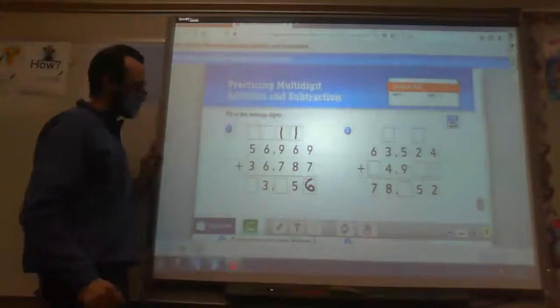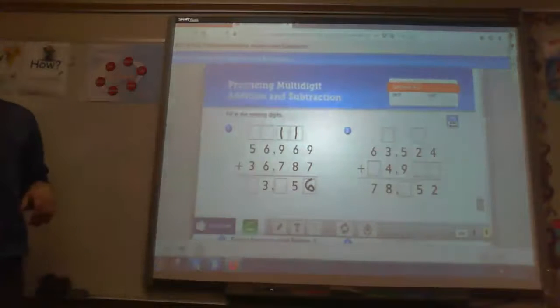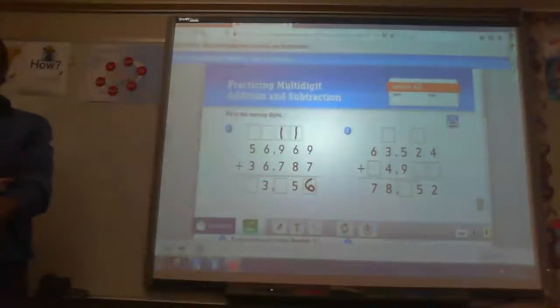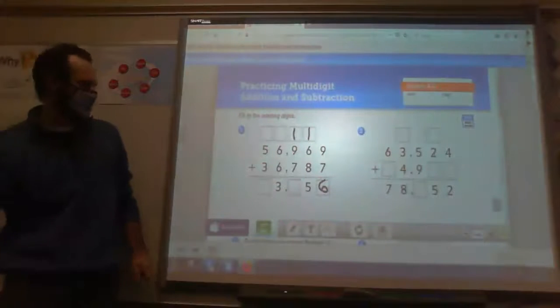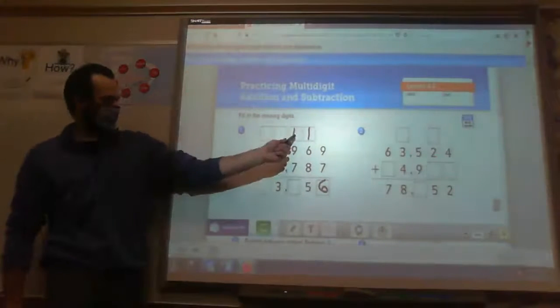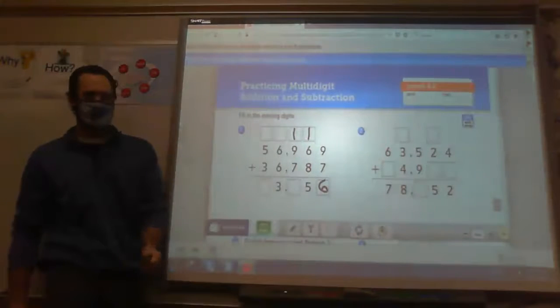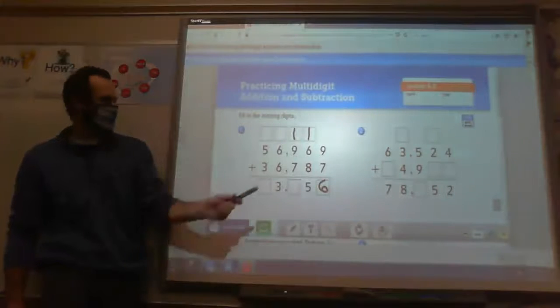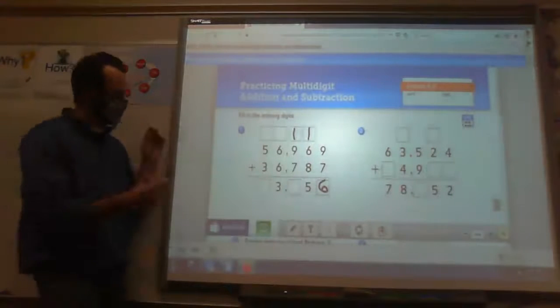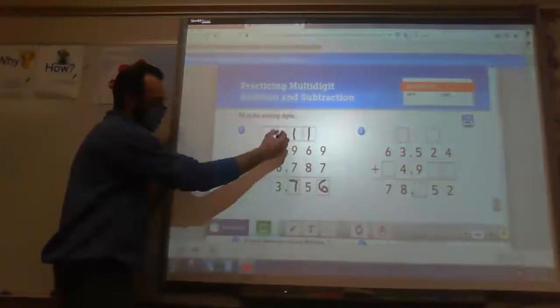Okay, when I see something like this, and actually every time I add, I just look for a way that I can make 10. Do I have a way I can make 10 here? Yes. 100 plus a 900 is 10 hundredths. Do you see that? 10 hundredths plus 7 hundredths would be 17 hundredths.